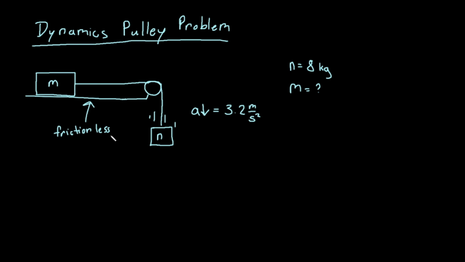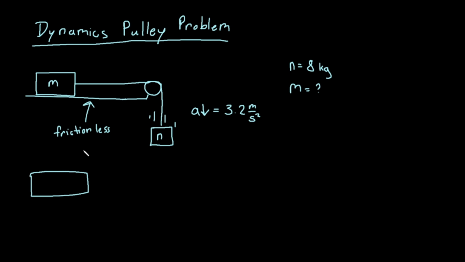So we know that m is on a frictionless surface, so we can start by drawing the free body diagrams of both. So for our mass m, we can ignore the force of gravity and force of normal since we know they cancel out.